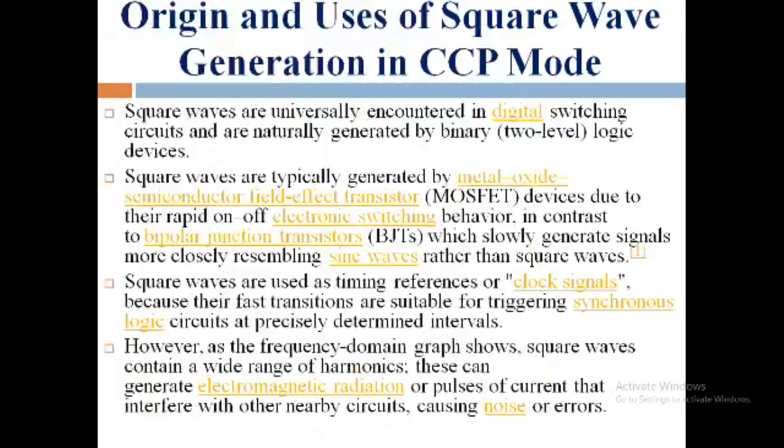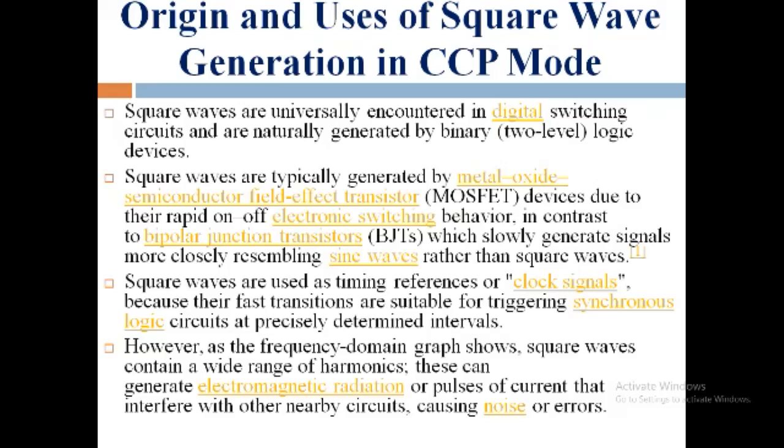Then the origin and uses of square wave generation in CCP mode. Square waves are universally encountered in digital switching circuits and are naturally generated by binary two-level logic devices.